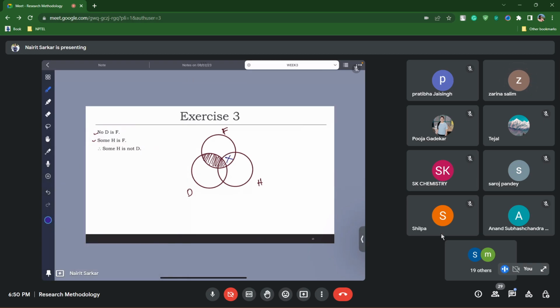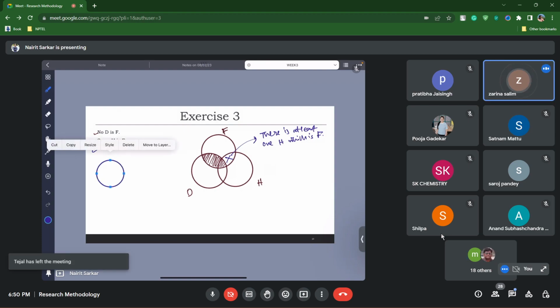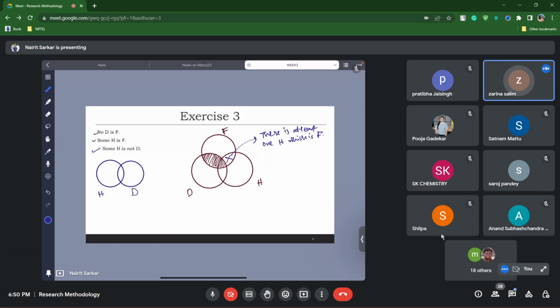That means, again to clarify, there is at least one H which is F. And then some H is not D.